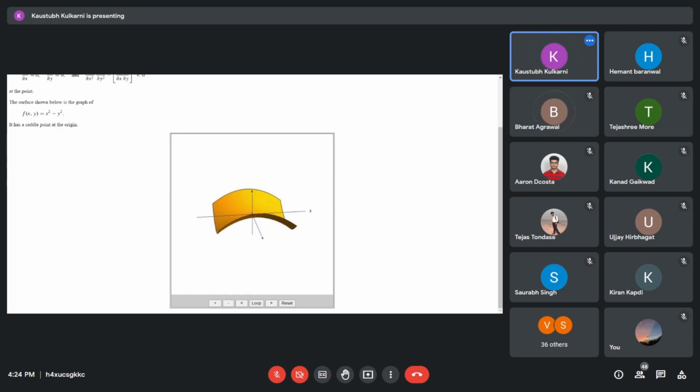In this case, it is the plane where the value of y is 0, all along the x axis and the z axis.